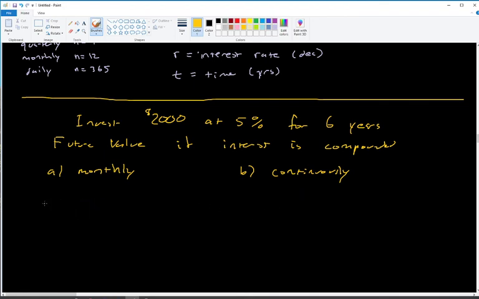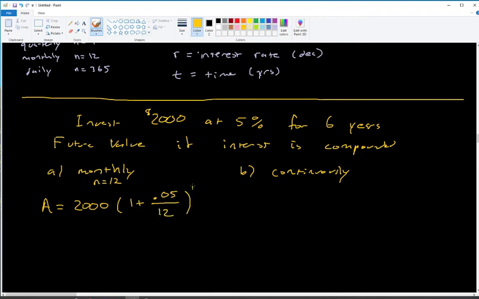So the future value will be A equals, for the monthly, N is 12. We're using the first equation, so A equals P, the principal investment, which is $2,000, times 1 plus the interest rate as a decimal. 5% as a decimal is 0.05, so it's 1 plus R over N. N is 12.